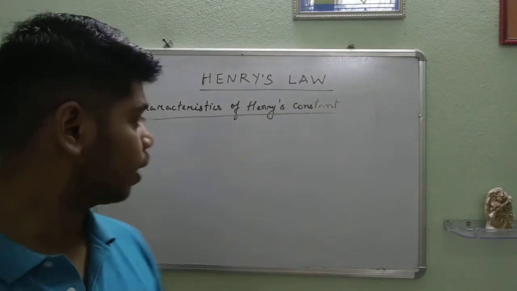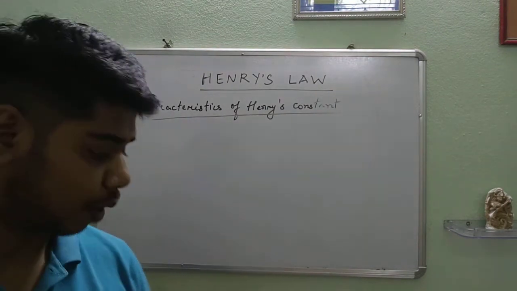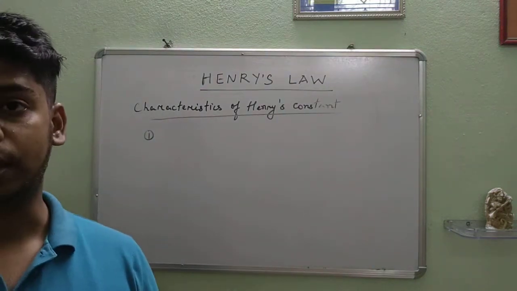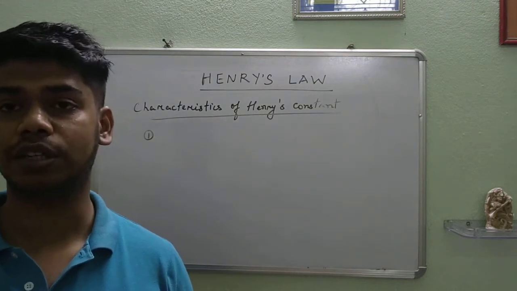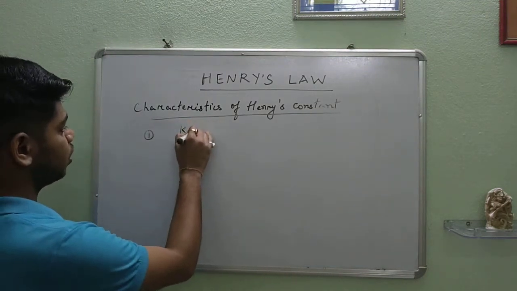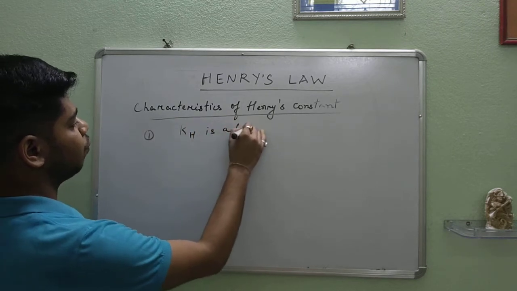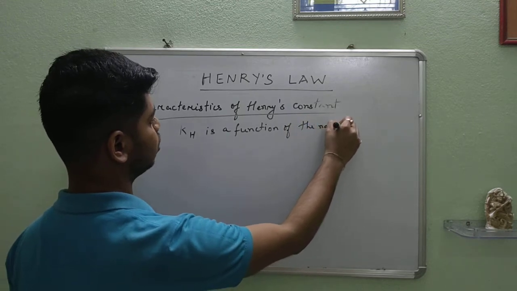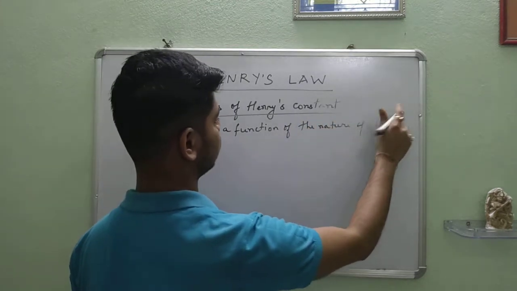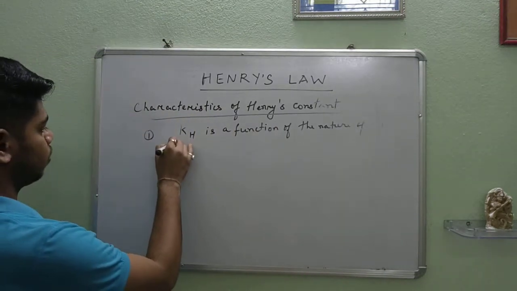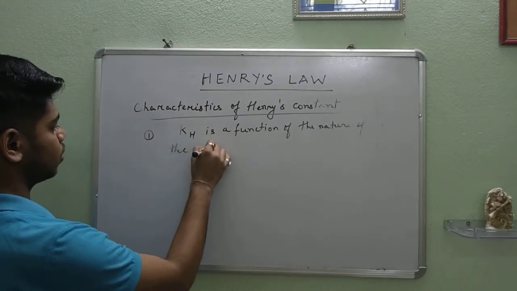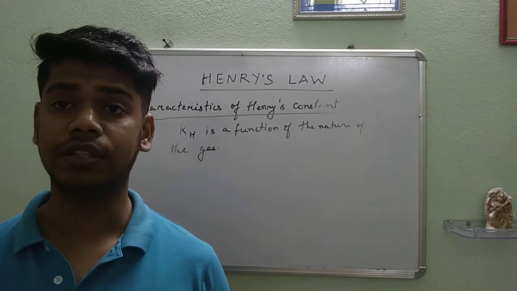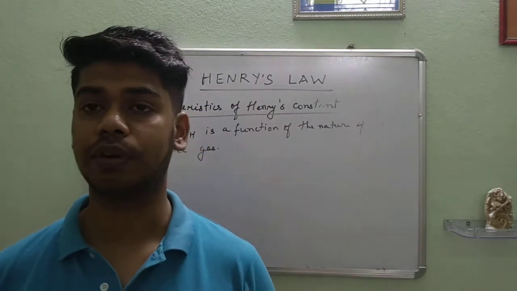The first characteristic is that Henry's constant KH is a function of the nature of the gas. Now what do you mean by this? It means that the value of KH depends upon the nature of the gas.